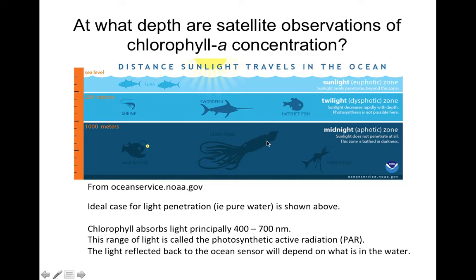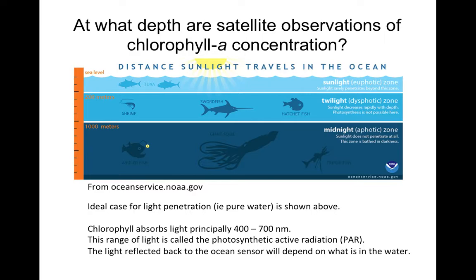However, the penetration depth on the actual chlorophyll concentrations, what they're valid for, changes depending on what's in the water. So if you're in a very highly turbid area, coastal or shelf seas, you may be observing the signal from only a few millimeters into the water column.